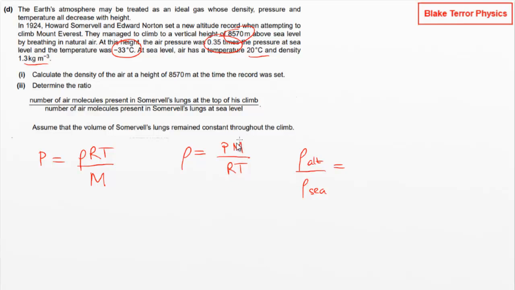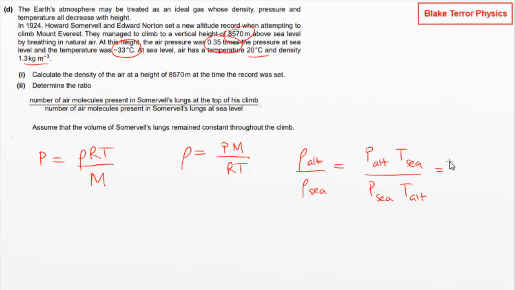R is a constant, and capital M is the mass per mole, so that isn't changing. So we're going to end up with P altitude multiplied by T sea level divided by P sea level multiplied by T altitude. So we just need to stick all of these things in.